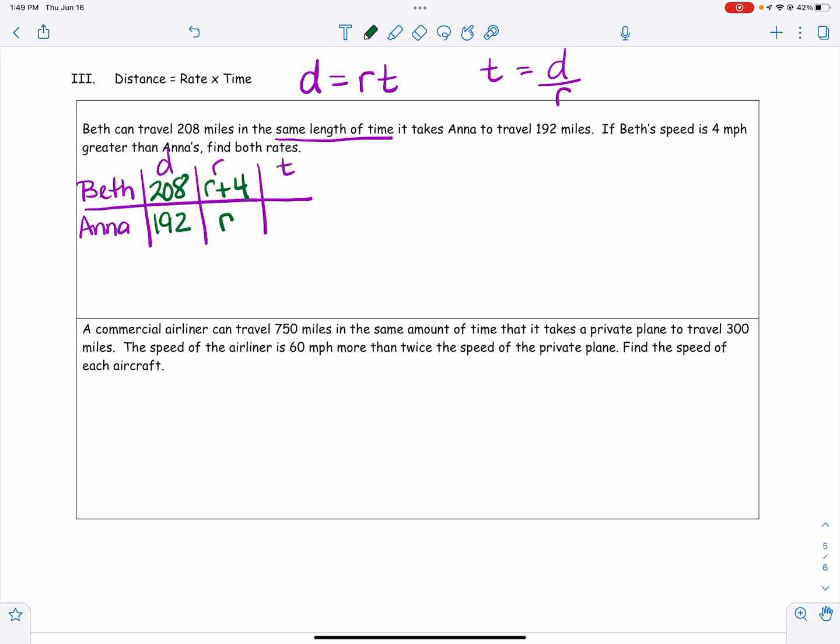And so now I have to take my time and solve my time in terms of distance and rate. So Beth's time is 208 miles divided by R plus 4, and Anna's time is 192 miles divided by R.